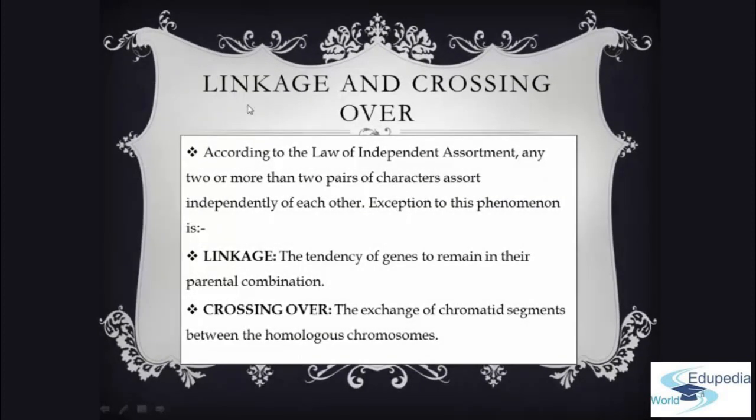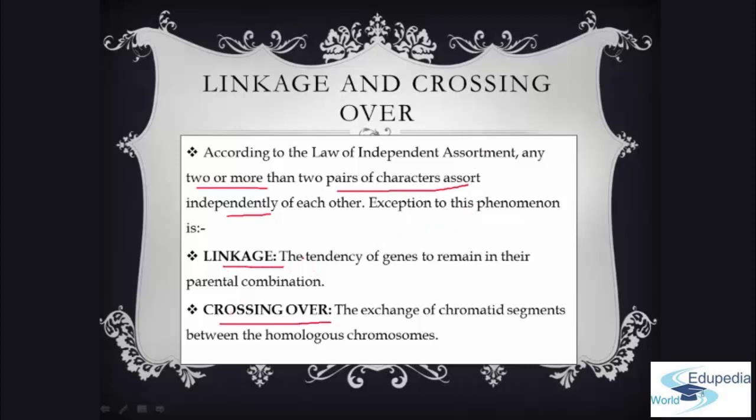Next is linkage and crossing over. According to the law of independent assortment, any two or more pairs of characters assort independently. We all have studied about this in the previous video lecture. Exception to this phenomenon is linkage and crossing over.